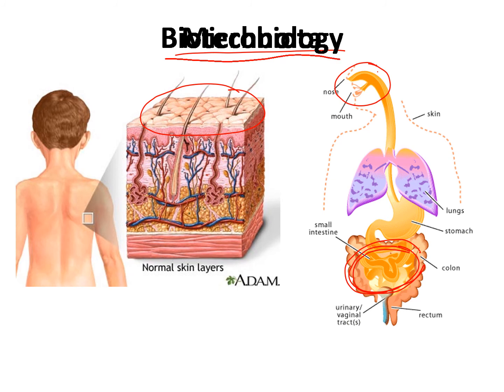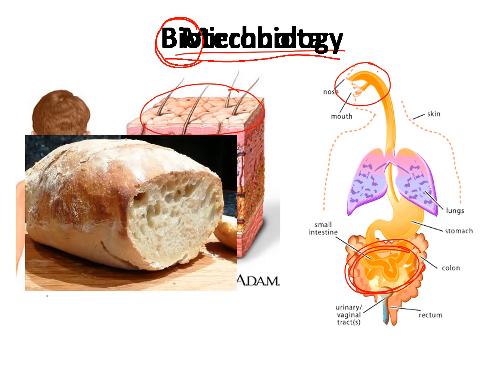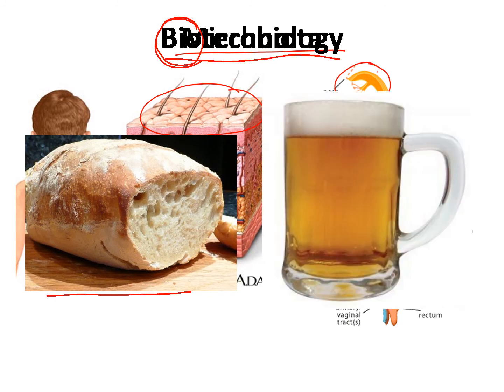Biotechnology is where you use living things to create something you want. And humans have been using biotechnology on microbes for thousands of years. If you take yeast, which is a eukaryotic microbe, and give it a certain set of conditions, it will generate bread for you. And if you change those conditions, it will generate beer.